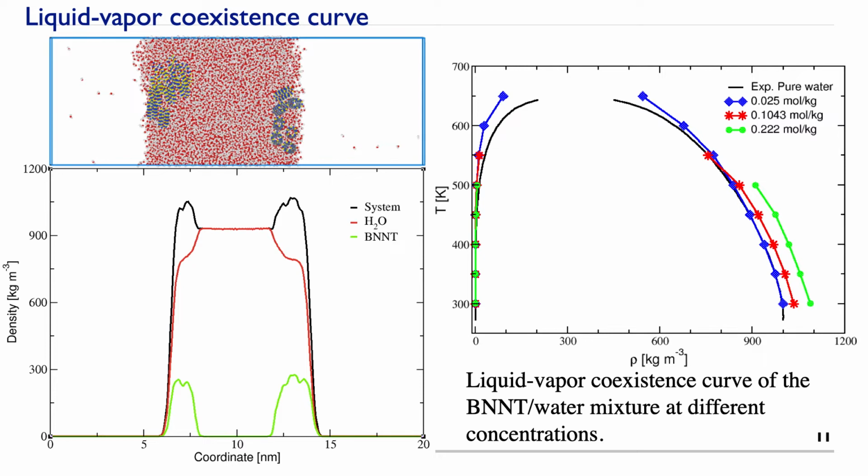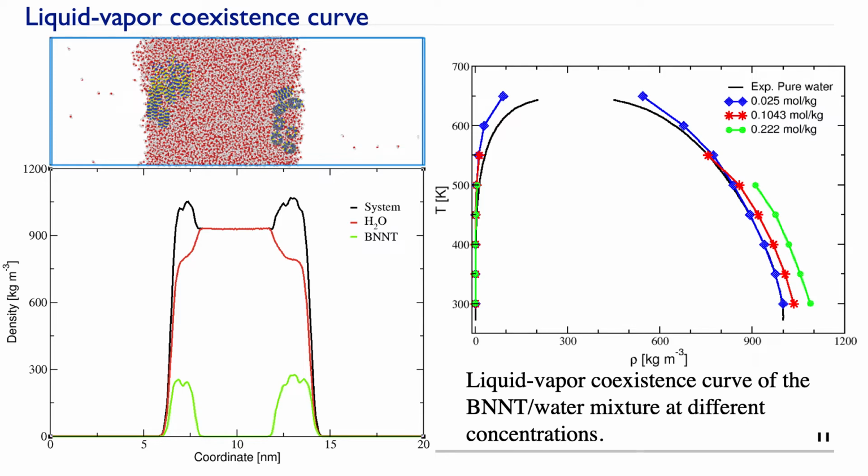The calculated density for this system is shown in the lower graph, which contains the contribution of the nanotubes, the green line. The red one is from the water molecules, and by adding the two contributions, we get the black curve, which is the density profile of the entire system. This is done for the different configurations to build the coexistence curve, as I show in the right figure.